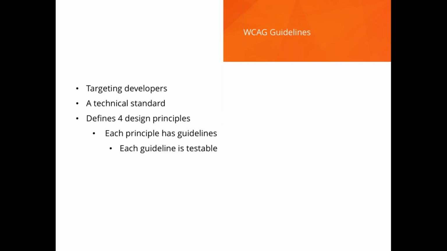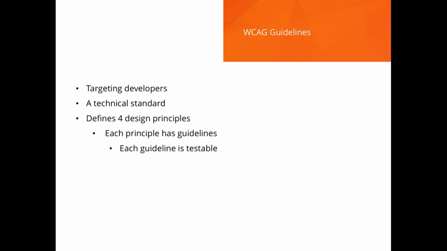Now, I mentioned the guidelines. So the guidelines are geared towards developers. They're technical in nature, and not just for web developers either, but for tool developers. So if you're involved in creating a podcast tool, you'll want to refer to the WCAG guidelines and how to make sure that the output from that tool and the tool itself conforms to accessibility standards.